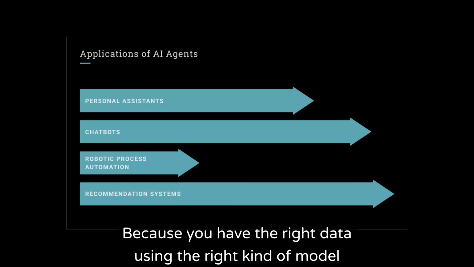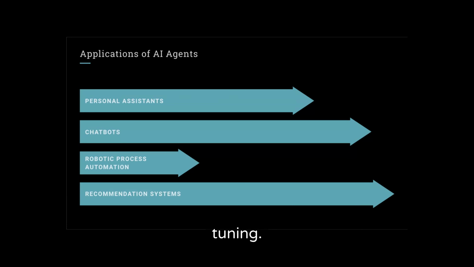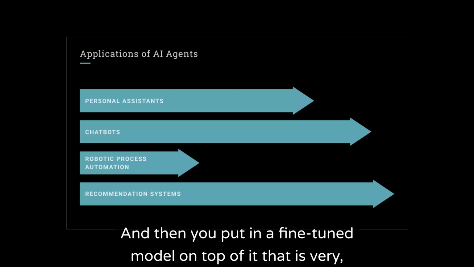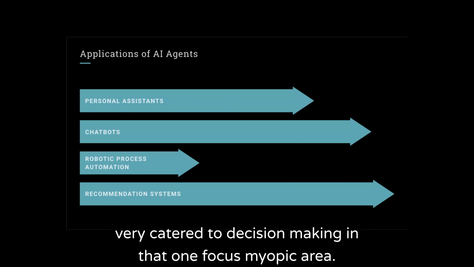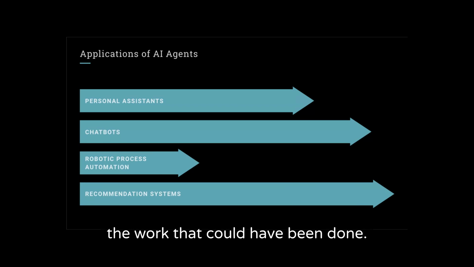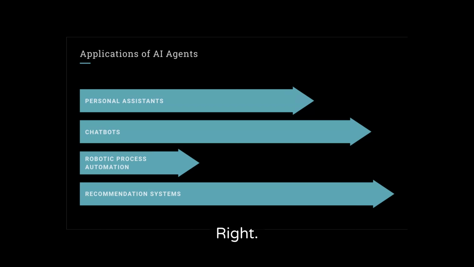Why? Because you have the right data using the right kind of model tuning. You also have the right understanding of the context. And then you put in a fine tuned model on top of it that is very, very catered to decision making in that one focused myopic area. That makes it so cool because now you can actually replicate all of the work that could have been done, right?